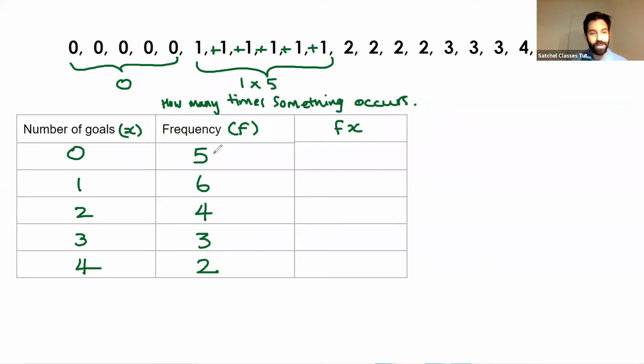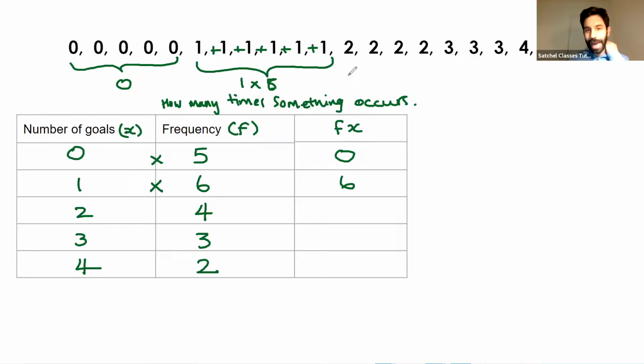Or in other words, we have 6, I should say, 1 times 6. So we have 6 lots of 1s. So the sum of these 1s is 6. So what we can do here is multiply the frequency by the number of goals to get the total number of goals. So this is going to be 6, and 5 times 0 is going to be 0.